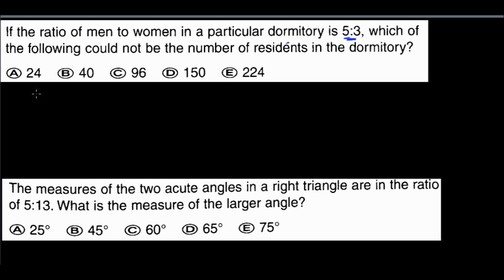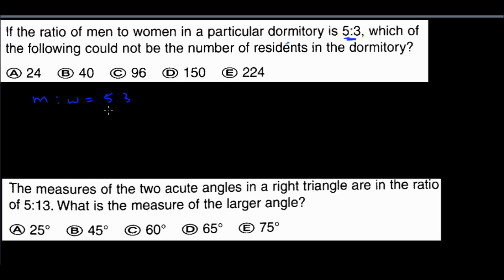The only thing you know is that the men to women ratio is 5 to 3. And the question is asking which of these could possibly be the total number of residents in the dormitory. So there's very systematic ways to attack these problems.